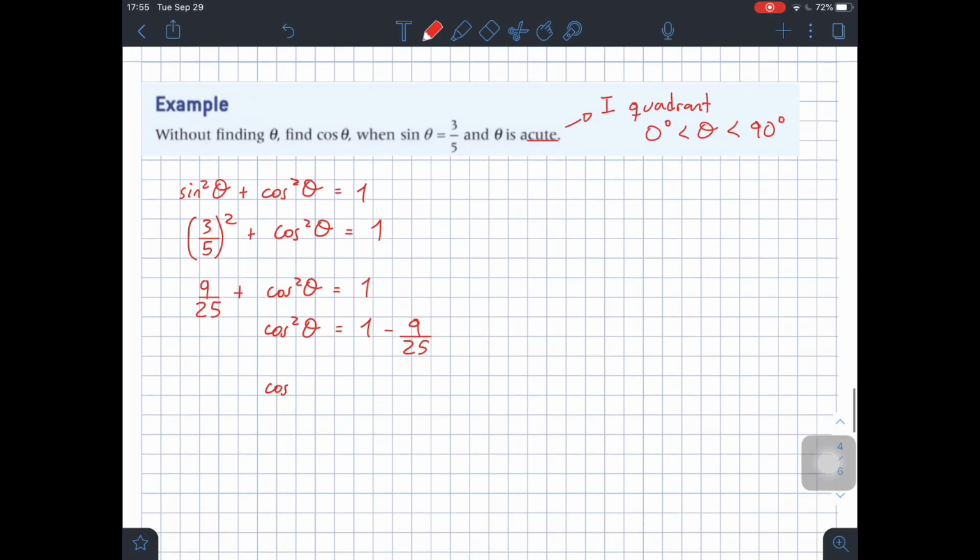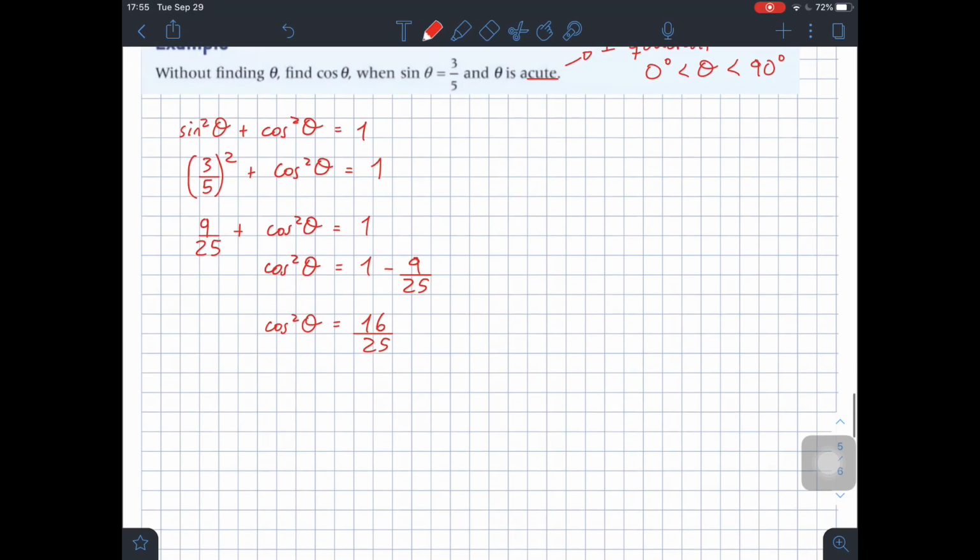So we're going to get that cosine squared of theta is equal to, this is the same as saying 25 over 25. So 25 minus 9, that's 16, right? So 16 over 25. Finally, to get cosine alone, as a next step, we would need to find the square root, right? So square root on both sides.